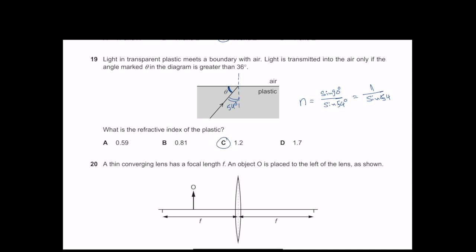So I'm going to choose C. This is how it looks, right? So equals 1 over sine 54 degrees, it gives you 1.2. And 1.2 here is going to be without any measuring unit, because there is no measuring unit for any ratio.